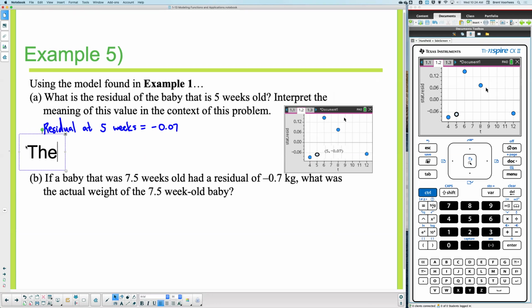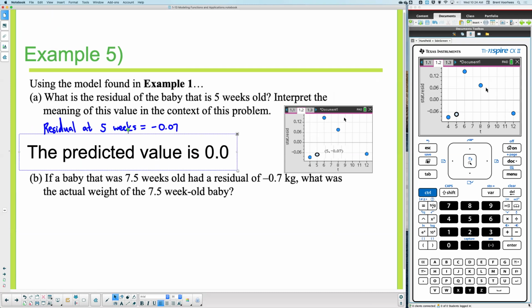So I want to say the predicted value is 0.07 kilograms too high or too great, whatever word you want to use.